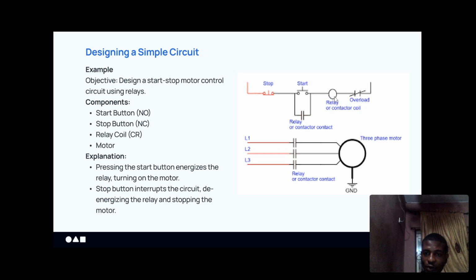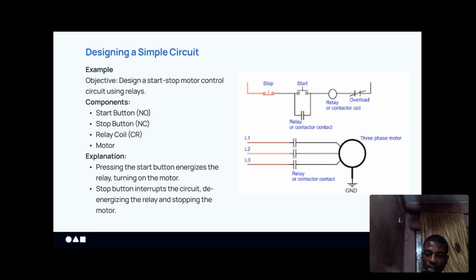This is the symbol for the relay coil. Then we have an overload switch. This overload contact is used to protect the electric motor from damage.